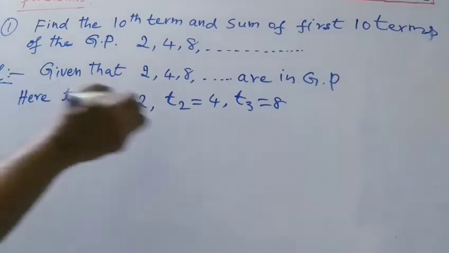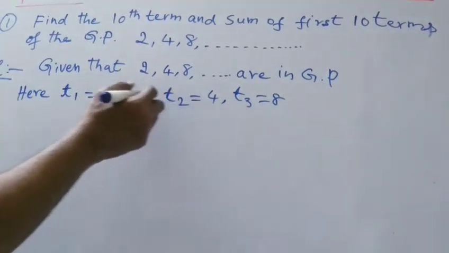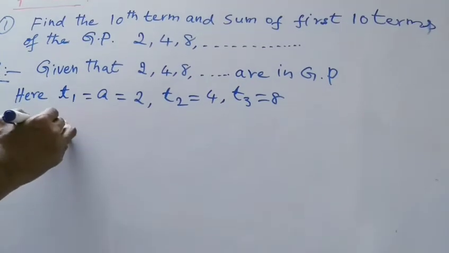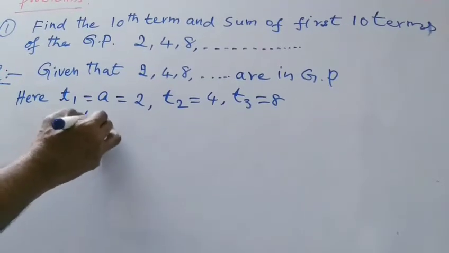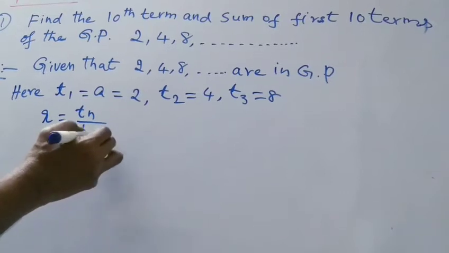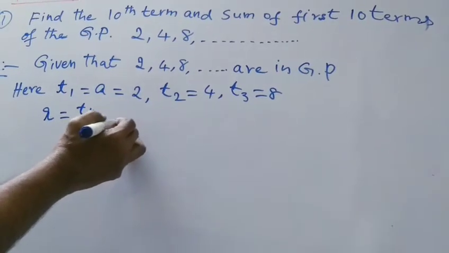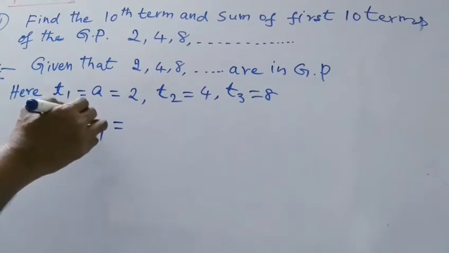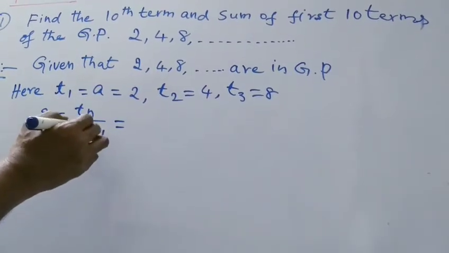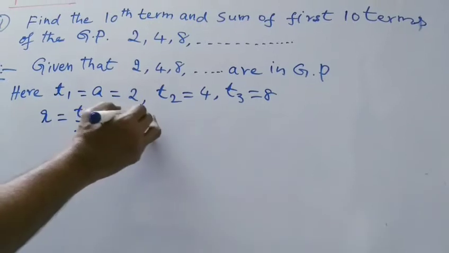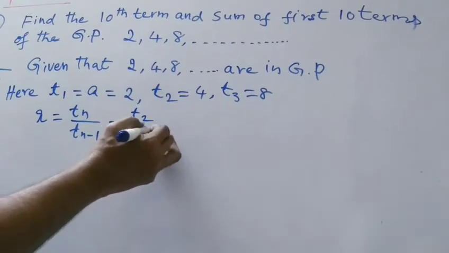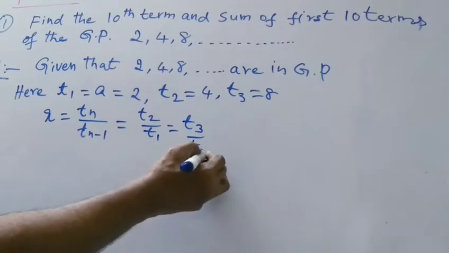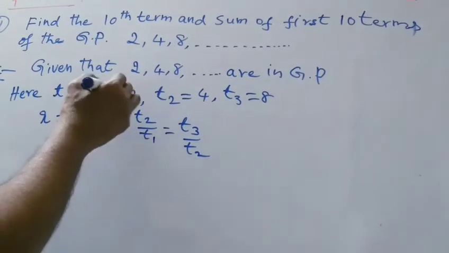Now we have to find the common ratio of this sequence. The common ratio is equal to Tn by Tn minus 1. For the second term it becomes T2 by T1, similarly T3 by T2, because here we are taking only 3 terms.